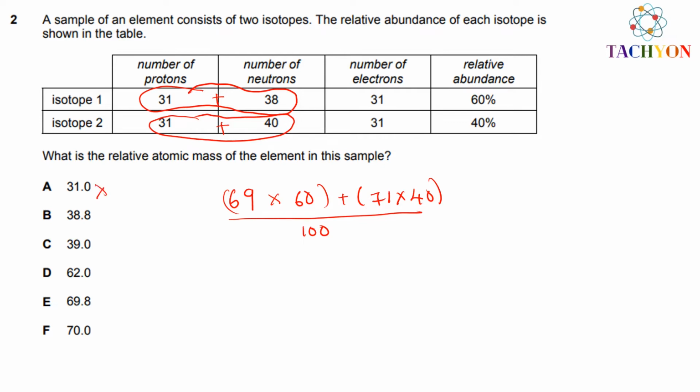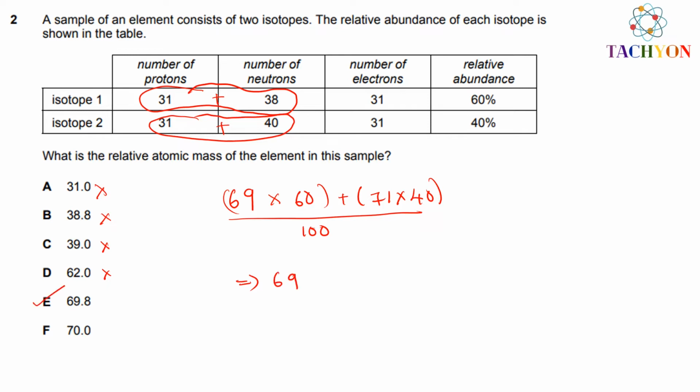So it's neither 31, 38.8, 31, 62. It's either 69.8 or 70. From this option it is very clear that 69.8 is a nearer value to 69 compared to 71, because another one is 71. So we don't want an answer near to 71, we need an answer near to 69. That is going to be 69.8.